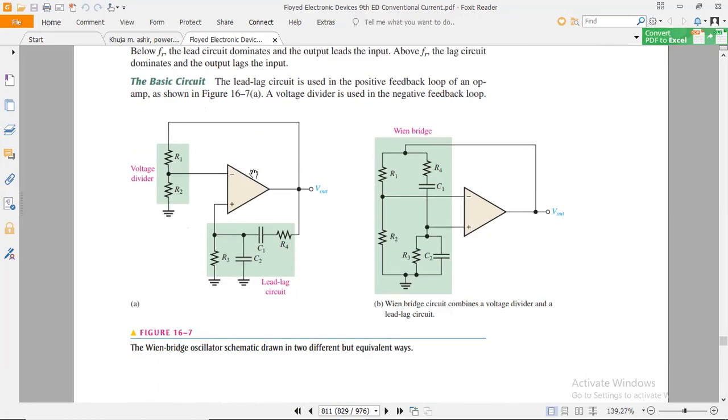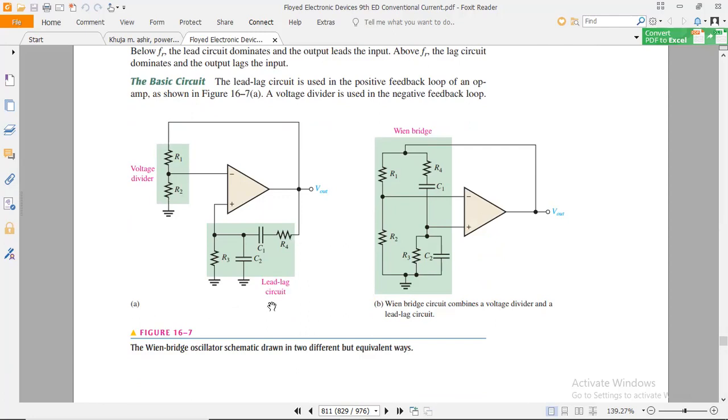In this figure, you can see the main concept of the Wien bridge fulfilled by this op-amp based oscillatory circuit, in which the voltage divider is available here and the lead lag circuit is also available here. The voltage divider is for the inverting input to stabilize the output and maintain the feedback as per the need of the user at the output side.